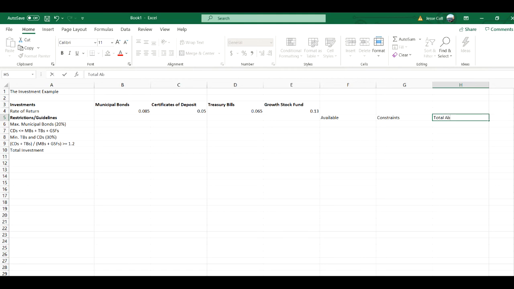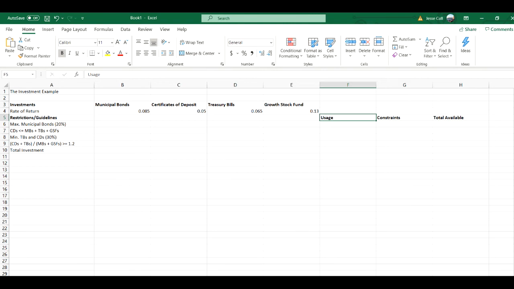If we move MB, TB, GSF to this side of the equation, we have CDs minus MBs minus TBs minus GSFs less than or equal to 0. So this equation played out exactly right here.